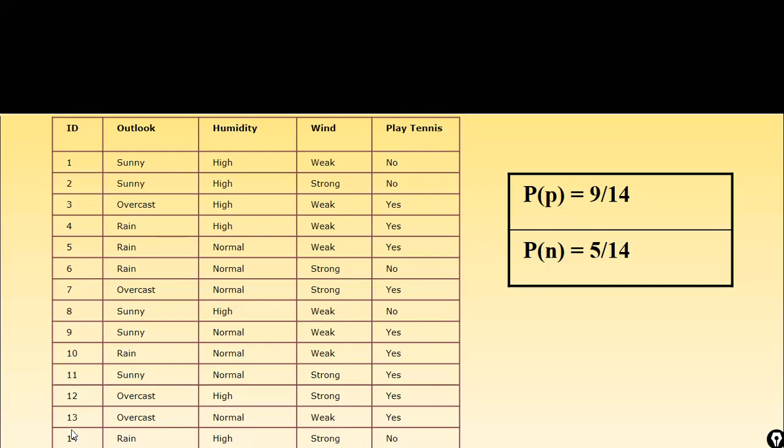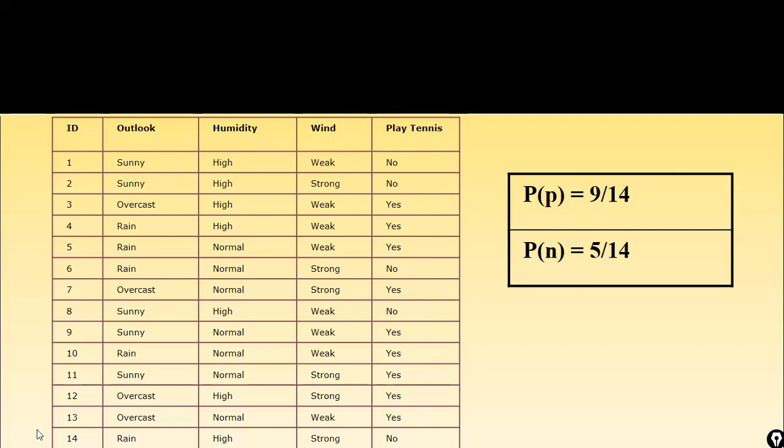Likewise, they recorded the data 14 different times. So when he played tennis and when he did not play tennis, with the combination of these three possible weather conditions. Here, if you see how many times he played tennis: 1, 2, 3, 4, 5, 6, 7, 8, 9.